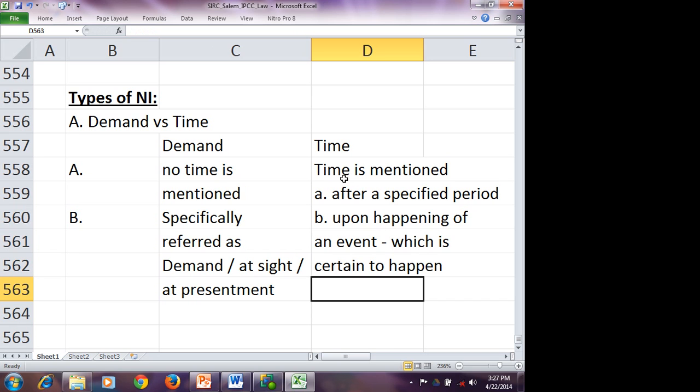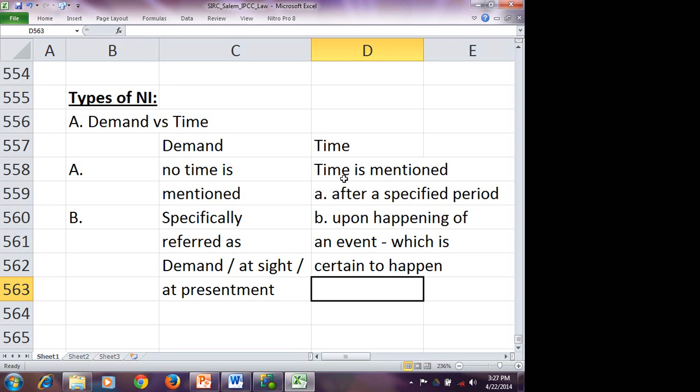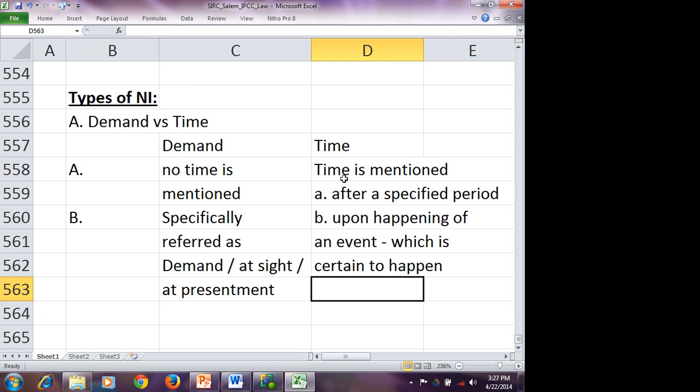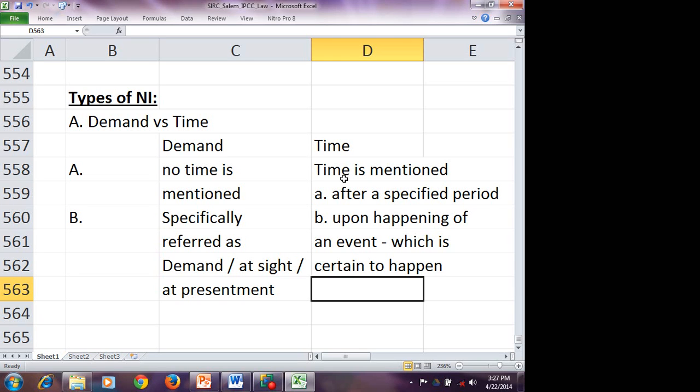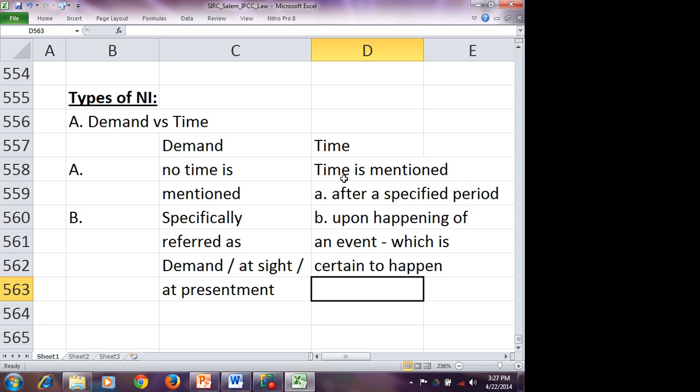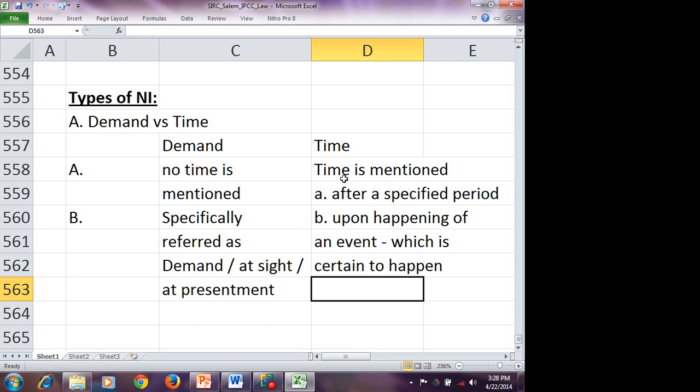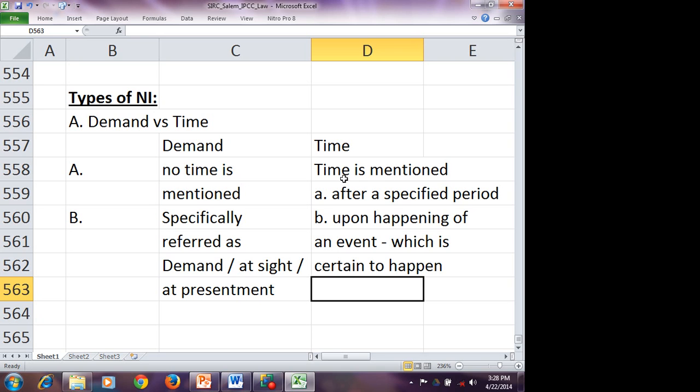A draws a bill on B which says, I will make the payment within 3 months from the date of marriage of C. Or A draws a bill on B which says, I will make the payment within 3 months from the date of death of C. The event is certain to happen; death is certain to happen. So if it is drawn on an event which is certain to happen, yes, it's a valid instrument. Otherwise it is not a valid instrument.